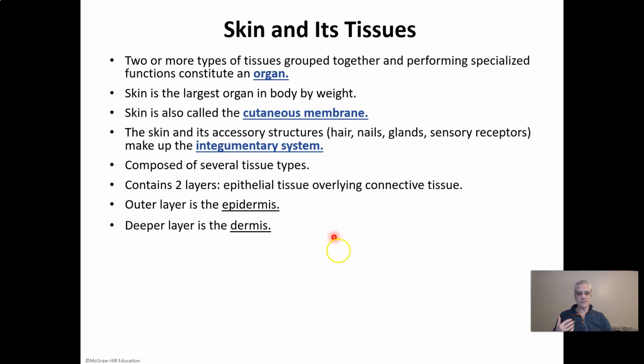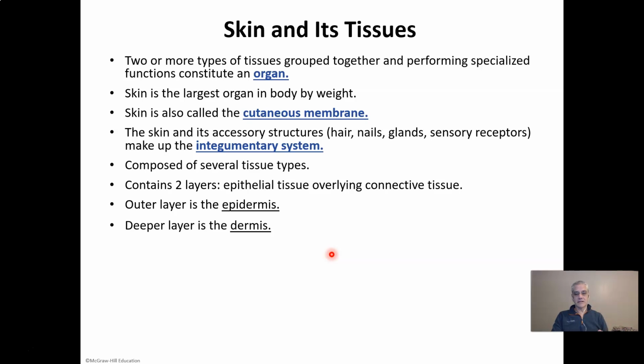Now, cutaneous is this word that means on the outside or toward the surface. So we say cutaneous innervation, cutaneous sensation, cutaneous activity of sweat glands or something like that. We're referring to the outside of your body and the associated skin and tissues with that.